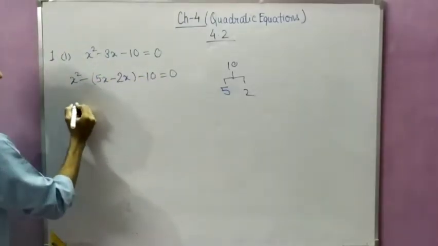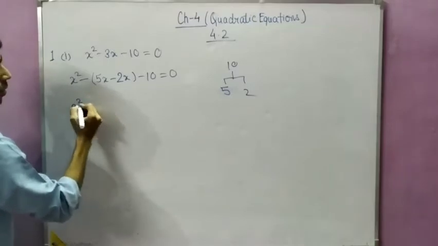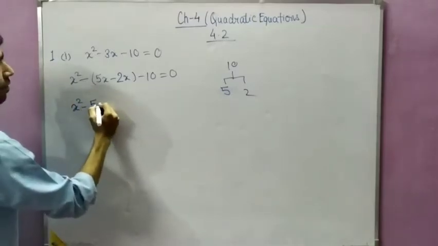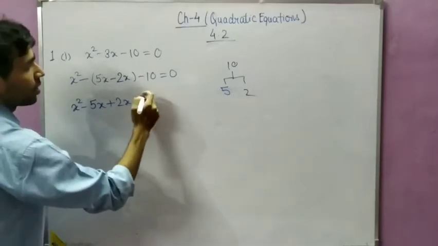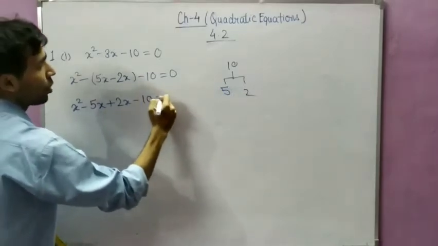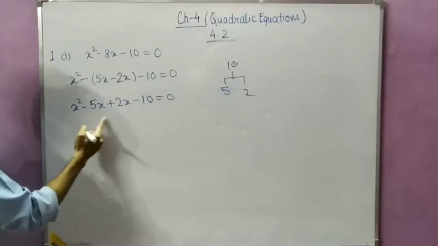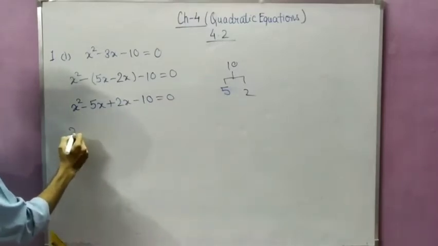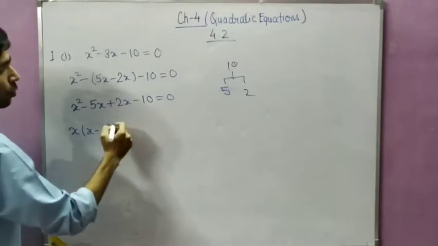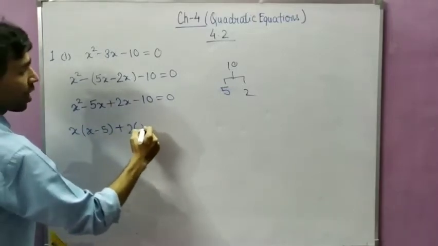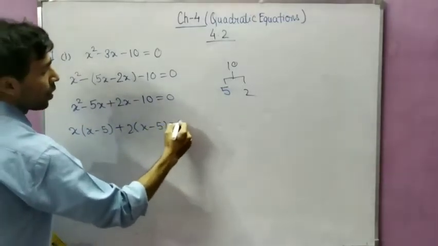Now open the bracket: x square minus 5x plus 2x minus 10 equal to 0. Now take x as common between the first two terms, so it will be x minus 5, and between the last two, plus 2 will be common, so x minus 5 equal to 0.